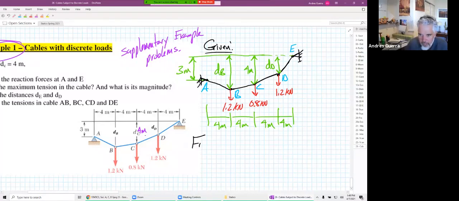We are asked to find in this problem the max tension and also dB and dD.